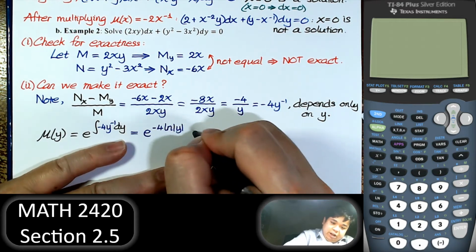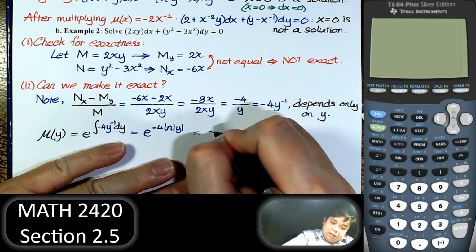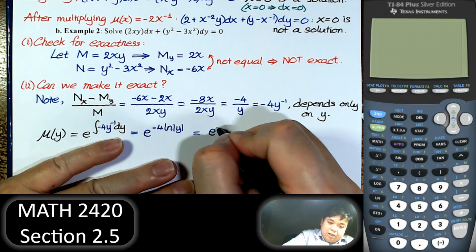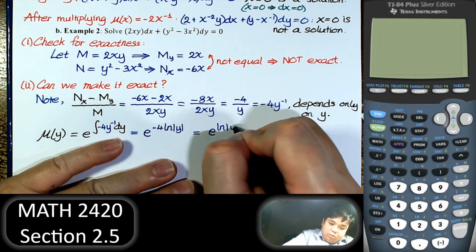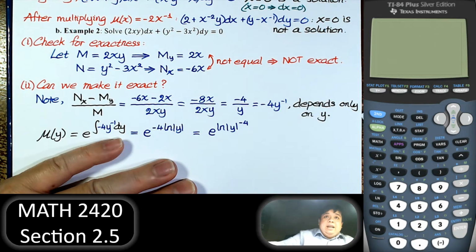I'll take the negative 4 inside and rewrite this as e to the ln of the absolute value of y to the negative 4, and e and ln cancel out.